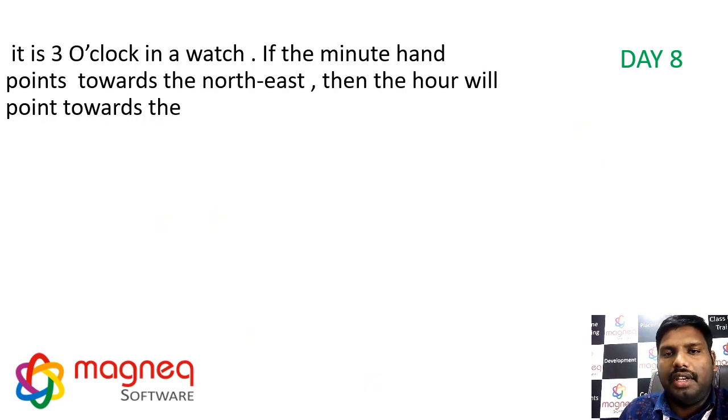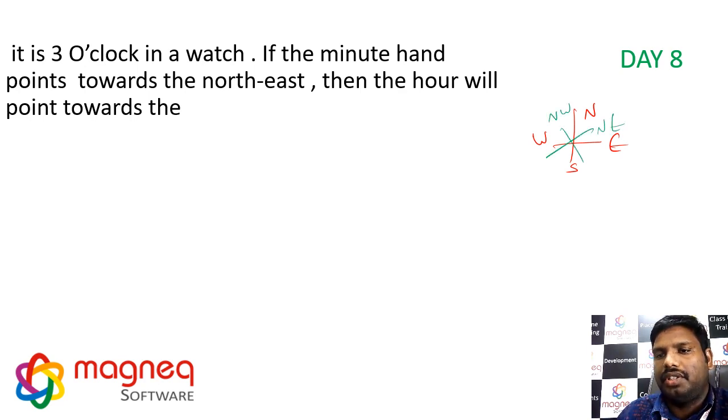It is 3 o'clock in your watch. If the minute hand points towards the northeast, then the hour hand will point towards the? So, north, east, west, south. Sub-directions are northeast, northwest, southwest, southeast.